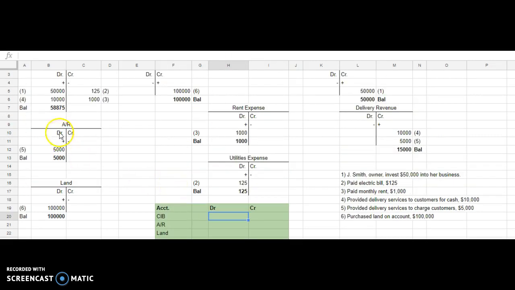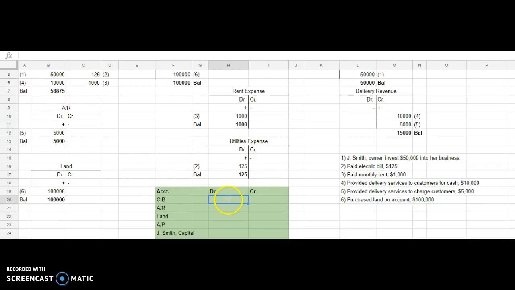My cash and bank had a debit balance, so it goes in the debit column over here. Accounts receivable, land. Accounts payable has a credit balance, so don't get in the habit of just listing them in one column.